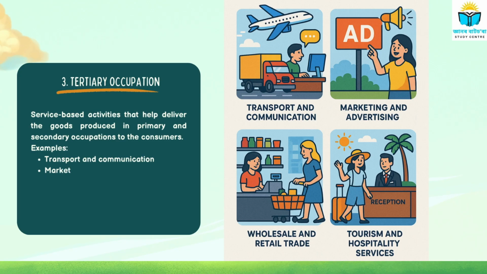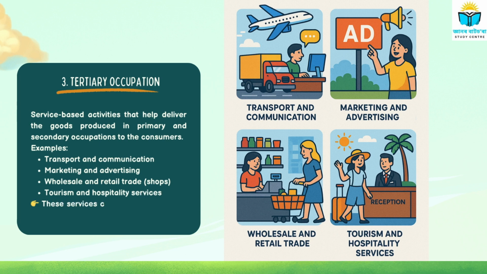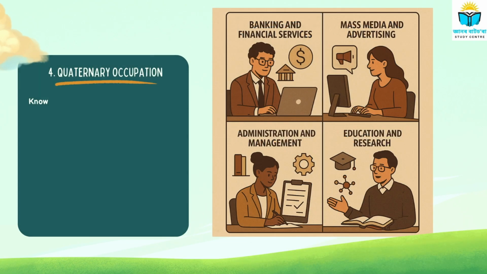Here are some examples: transport and communication, marketing and advertising, wholesale and retail trade like shops, tourism and hospitality services. These services connect producers and consumers and help the economy run smoothly by supporting the flow of goods and information.